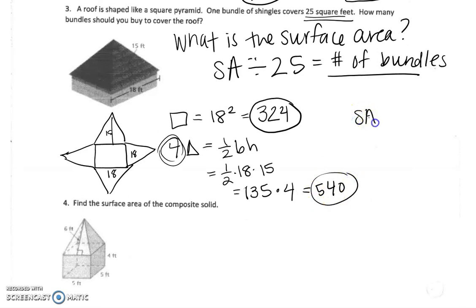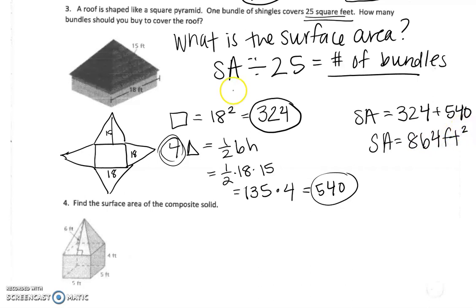So what you're adding together is your base, which is 324, and then the area of all your sides, which is 540. And when you add those two things together, you get 864 feet squared.